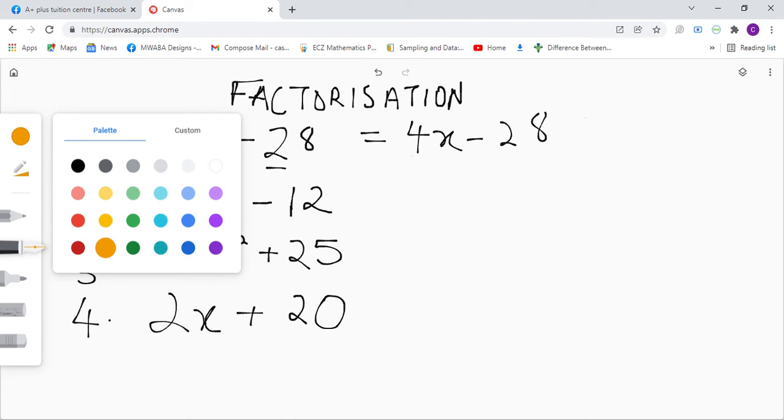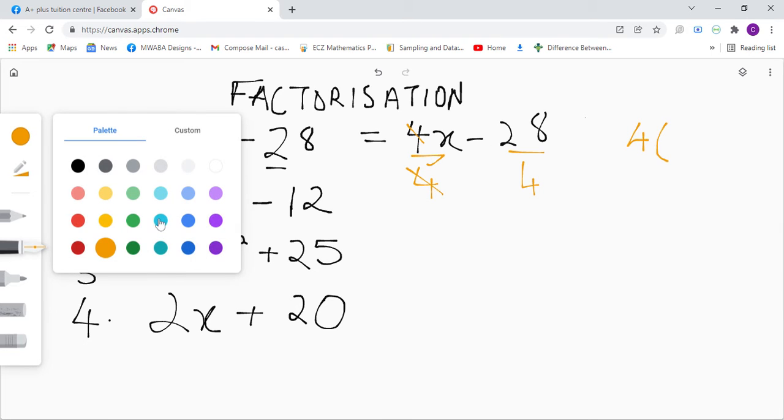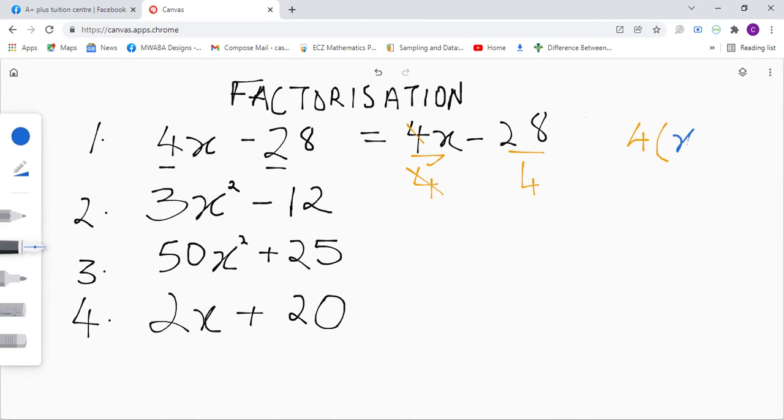We're going to divide both sides by 4, divide by 4 and divide by 4. On this side, I'm going to put our answer. You always put the highest common factor outside the bracket, so it will be 4 bracket. 4x divided by 4, that is x. Minus 28 divided by 4, that is 7.